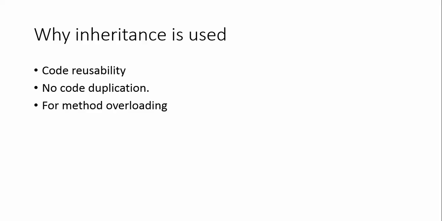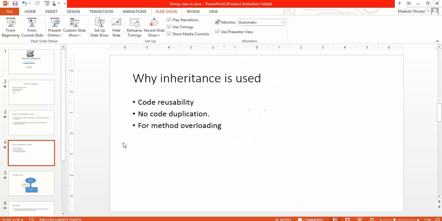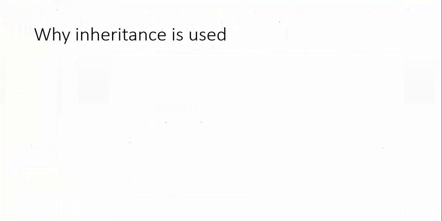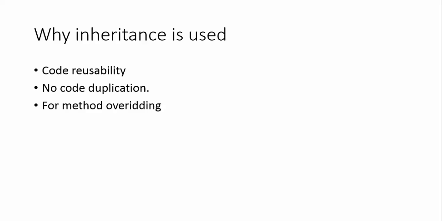And again, for method overriding, we have to use it. In the previous video, we discussed polymorphism, runtime and compile time. For compile time, we already discussed overloading using signature, so that comes under compile time.